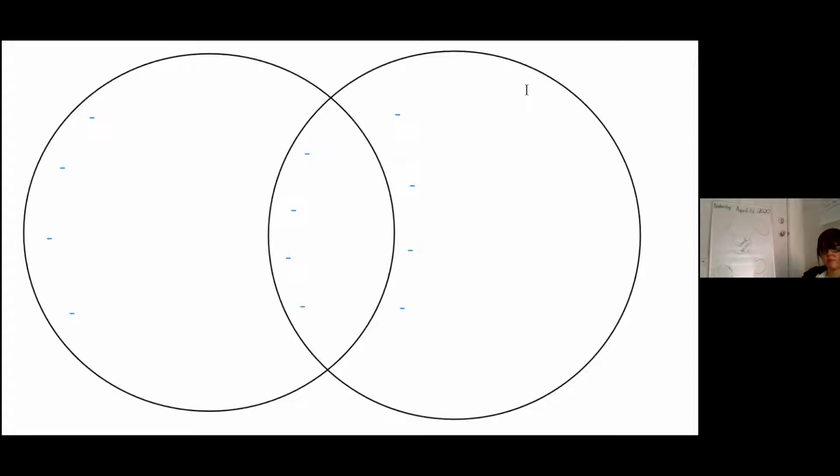I think I know a difference. What's the difference? The Mariana Trench is underwater and Mount Everest is on the surface. Okay. Good job, Nina. So the Mariana Trench is underwater.